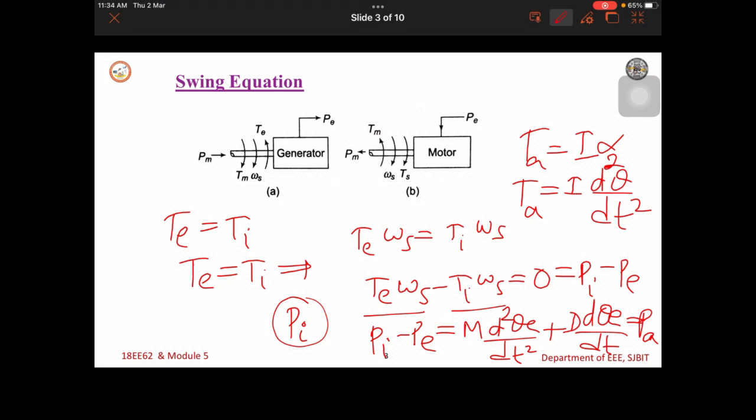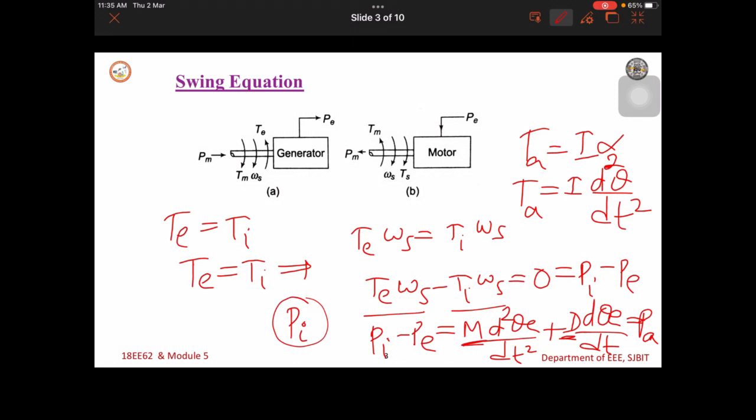Ta is I into d square theta over dt square, where I is the moment of inertia of the rotor in kg meter square, alpha is the angular acceleration in radians per second square, and theta is the angular displacement in radians. Here, m, as I told you, is the moment of inertia, d is the damping coefficient, and theta e is the electrical angular position of the rotor.